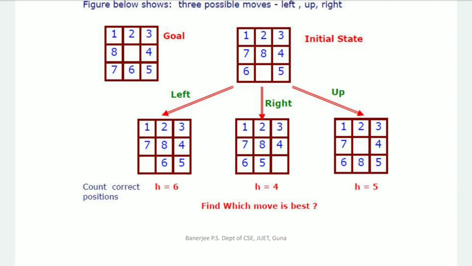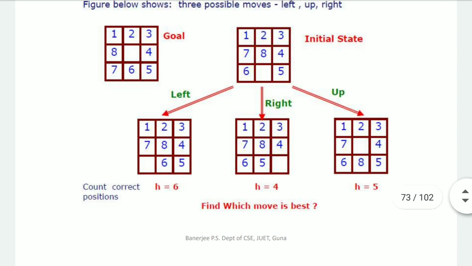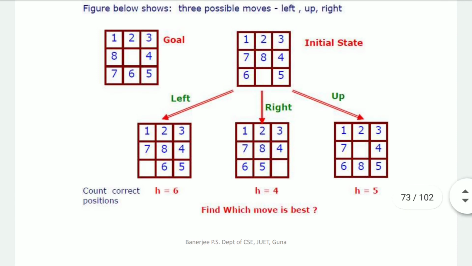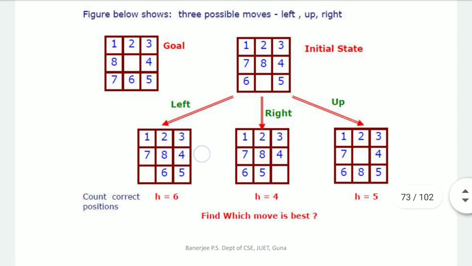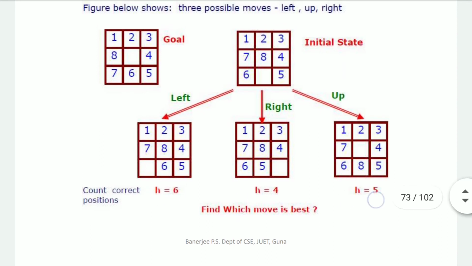So the movement of my blank element towards the left, right and up, that means the movement of the blank element at the position of 6, at the position of 8, and at the position of 5, will decide this configuration, and this configuration, and they will give us the value of H equal to 6, H equal to 4, and H equal to 5. So which is the best move?